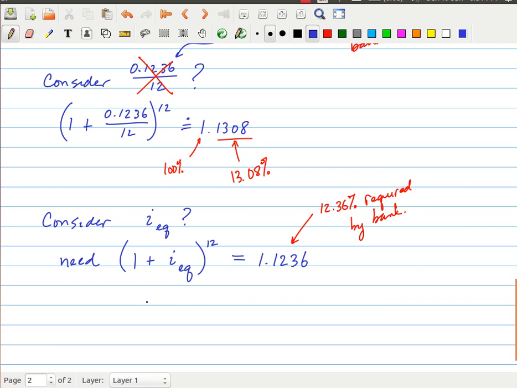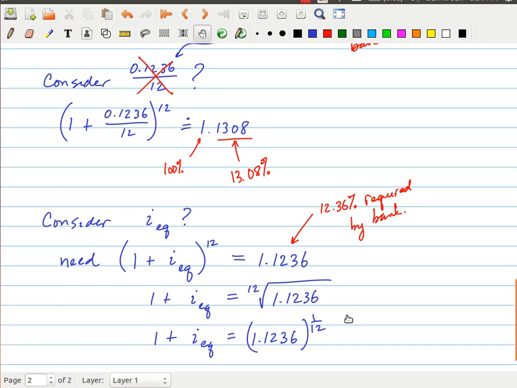So you could write it this way: 1 plus I equivalent is equal to the 12th root of 1.1236. Or you could write this as 1 plus I equivalent is equal to 1.1236 to the exponent 1 over 12. Both of those are equally good.